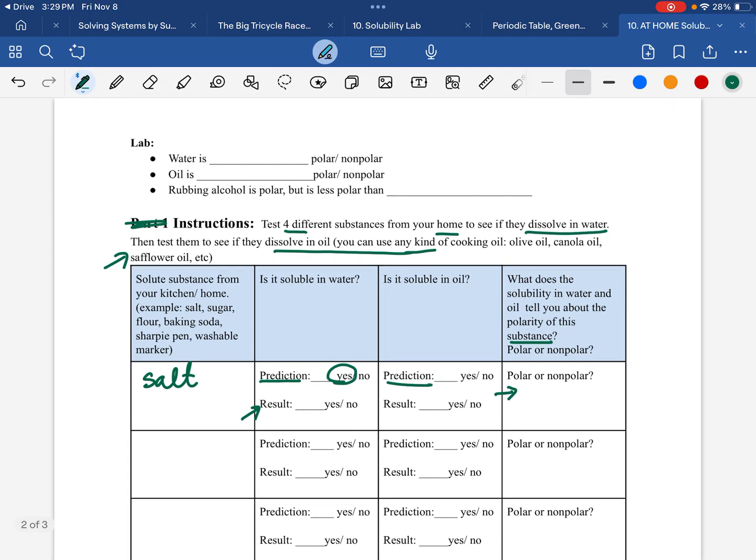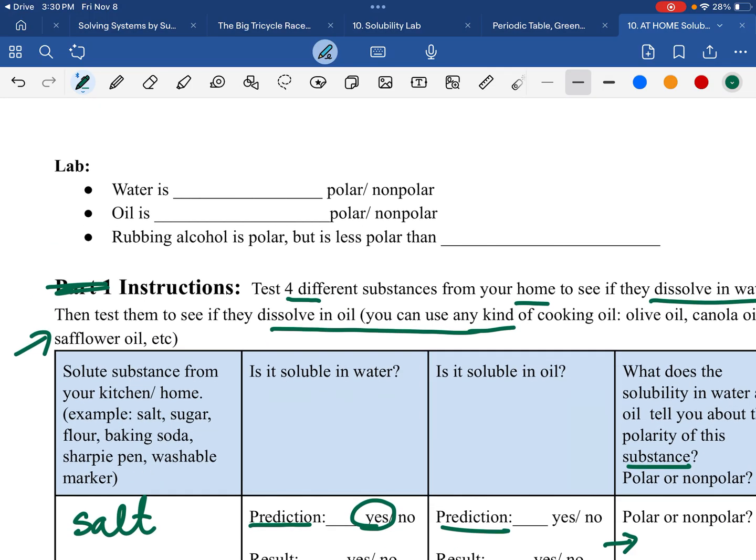So water, we know from what we've studied before, has an oxygen and 2 hydrogens, right? Sometimes we draw it with the hydrogens facing down.